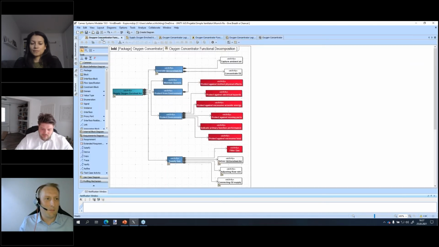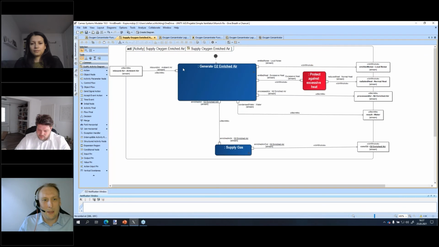And so what we use as a tool, it's basically Cameo Systems Modeler. And exactly the diagrams that you just showed here are directly out of the tool. This is, again, the functional structure that we had outlined. We also have here, in this case, another flow, how the oxygen enriched air is actually supplied.